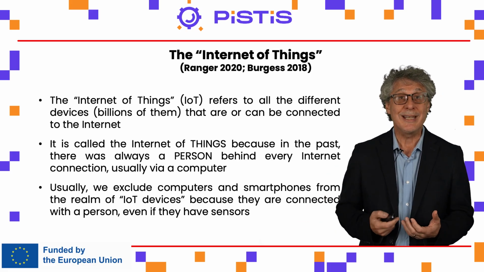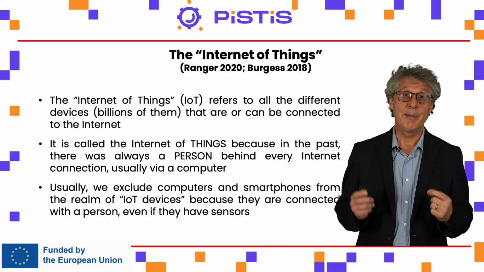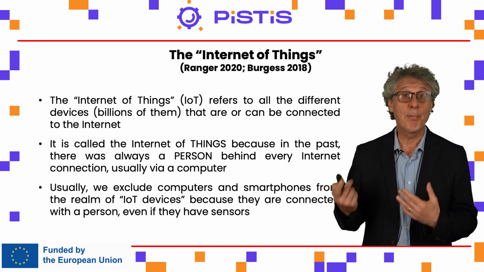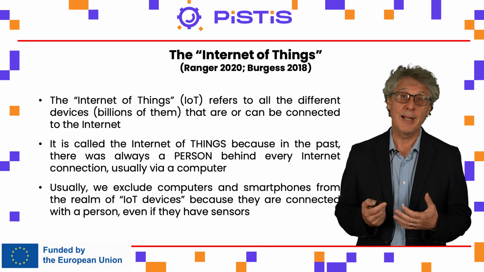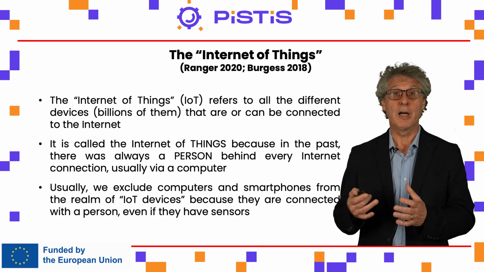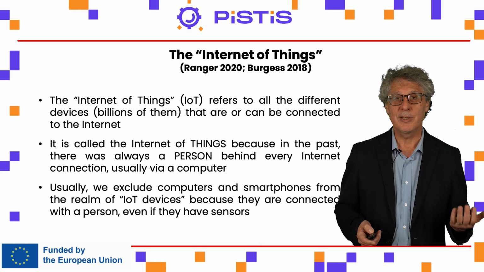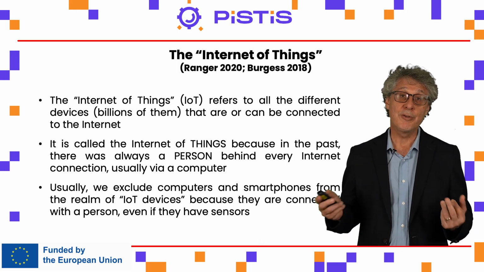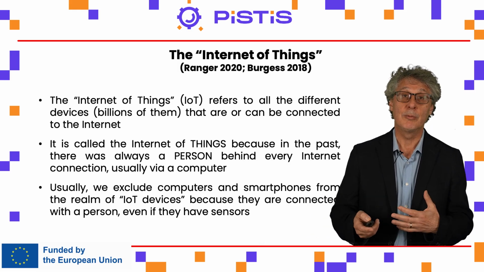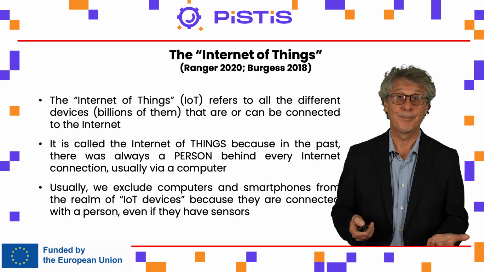It's called the Internet of Things because in the past, there was always a person behind every internet connection, usually via a computer. Usually we exclude computers and occasionally smartphones from the realm of IoT devices because they're connected with a person, even if they have sensors.